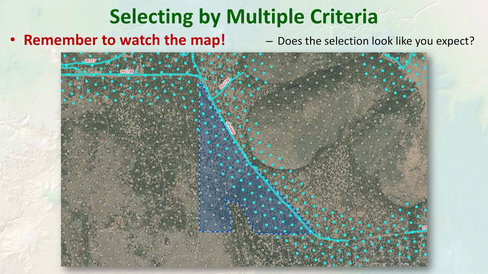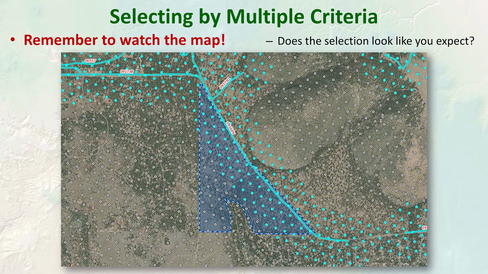Now, next up, remember to watch the map as you make your selection. Take advantage of the fact that you're running a world-class GIS that will instantly show you visually a map of your results. And many errors are obvious, but you got to remember to look. And in this example, I want to select all points that are both within this polygon and 200 meters from a road.